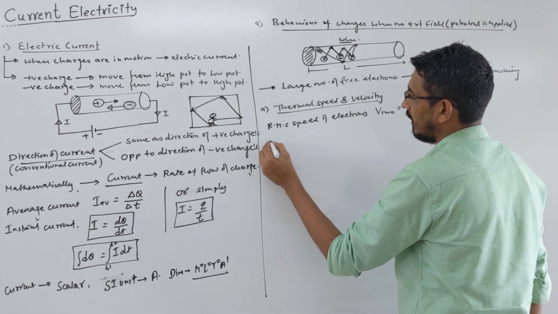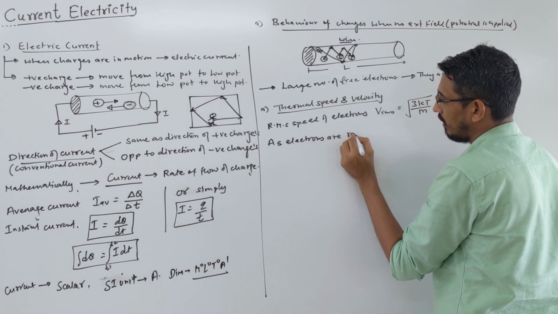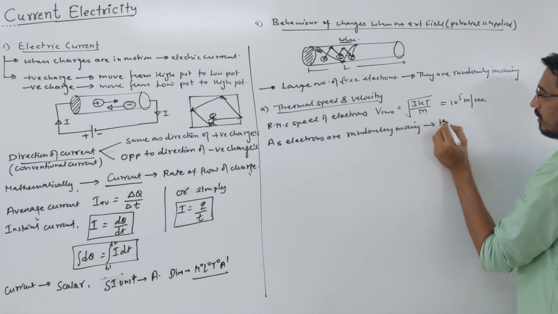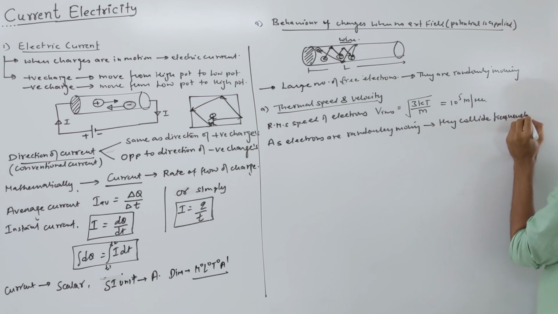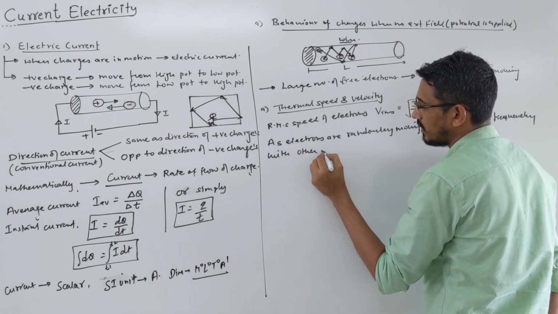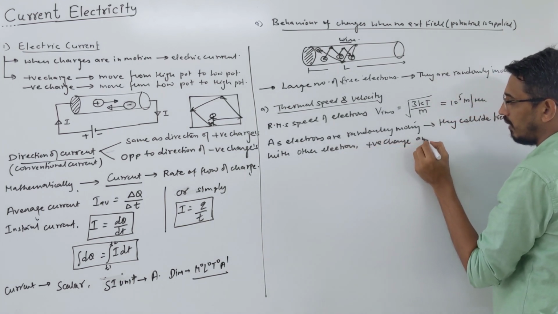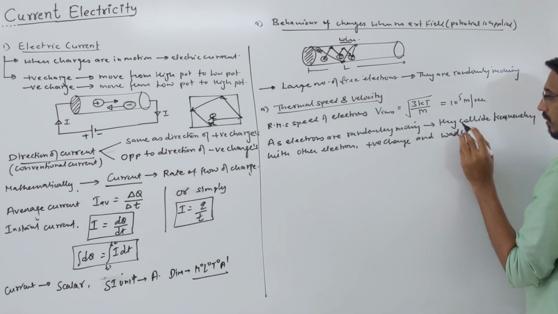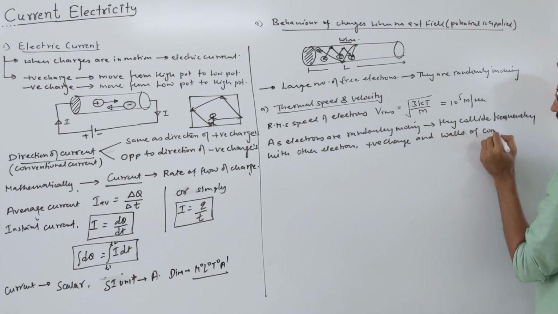Let me write a few words. As electrons are randomly moving, they collide frequently with other electrons, positive charges, and walls of the conductor.